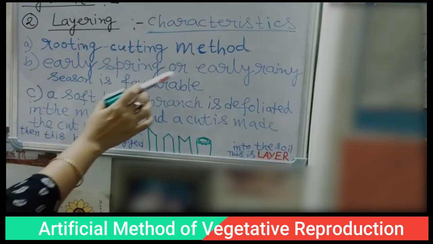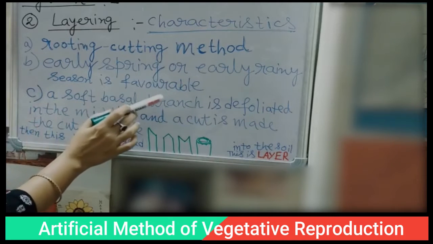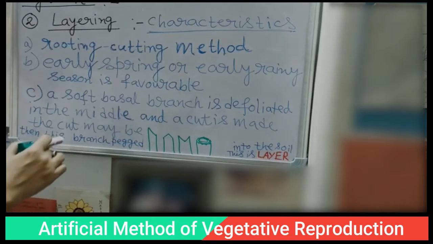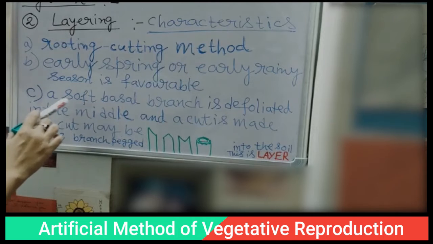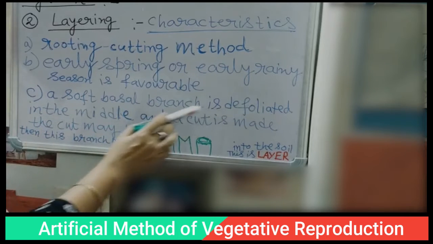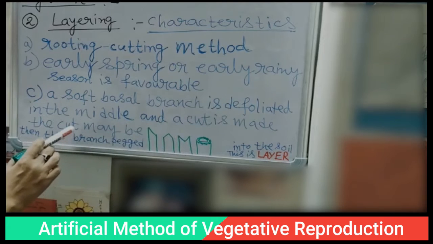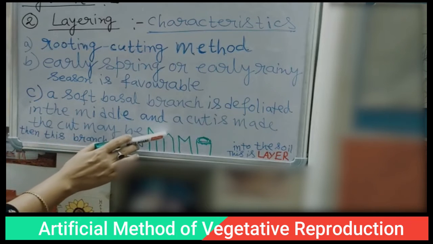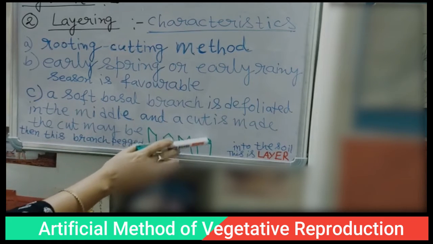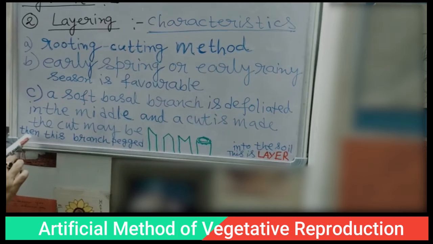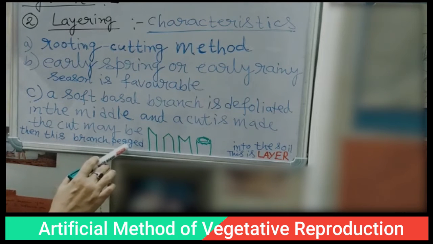Early spring or early rainy season is favorable for this method. A soft basal branch is defoliated in the middle and a cut is made. The cut may be oblique or V-shaped or ring-shaped, and then this branch is pegged into the soil.